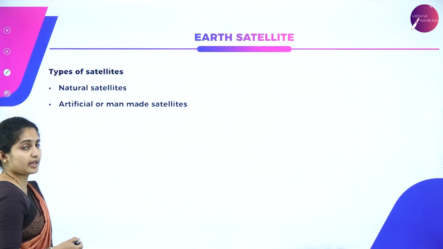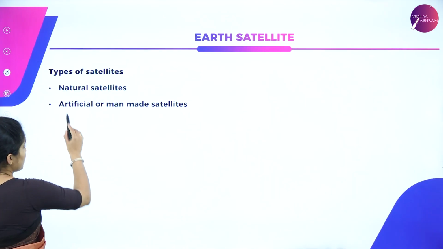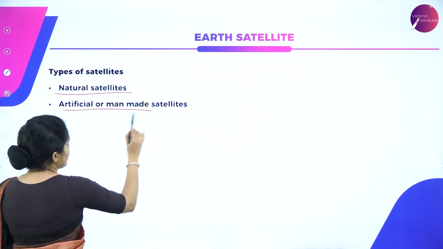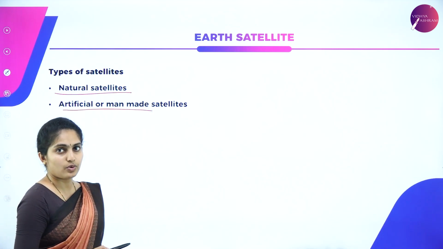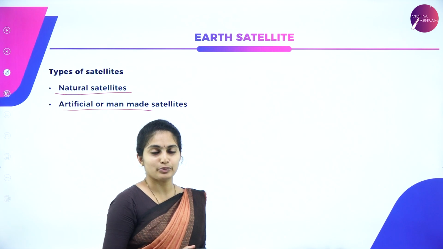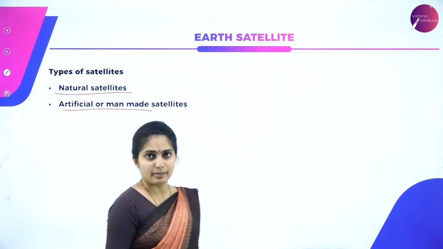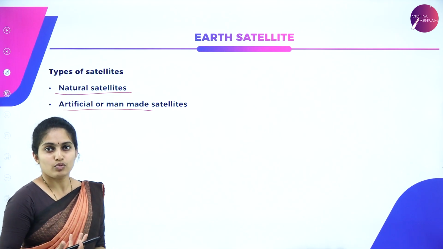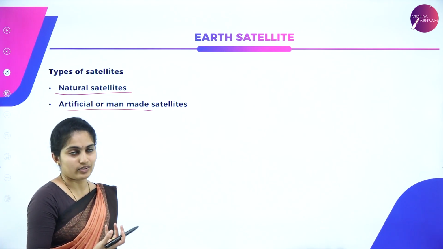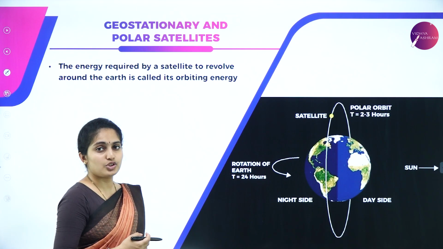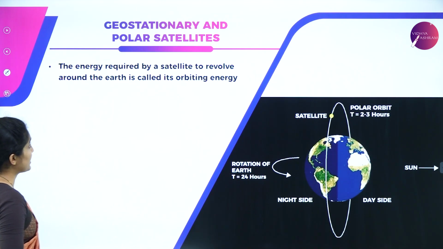So earth satellites can be classified into two types. One is natural satellites, the other is artificial or man-made satellites. As you all know, the natural satellite is the moon. Artificial or man-made satellites are the ones made by us. We send them through our rockets and all, right? And next are geostationary satellites and polar satellites.